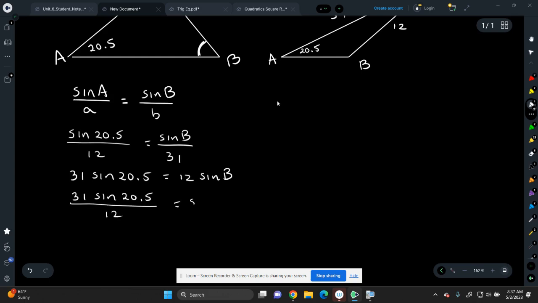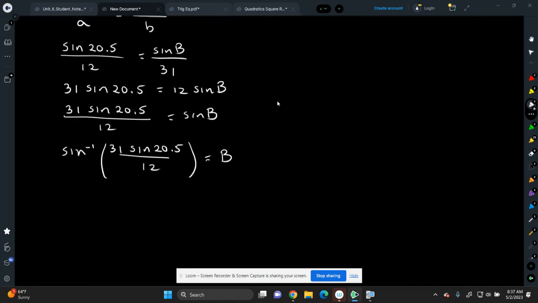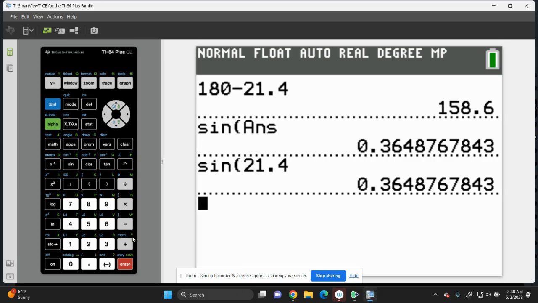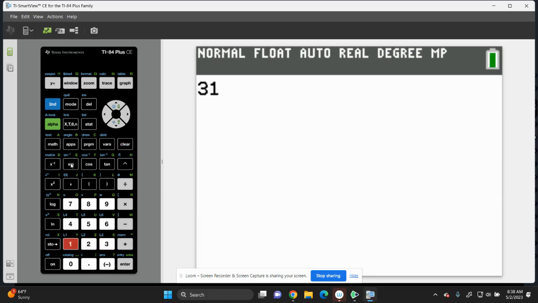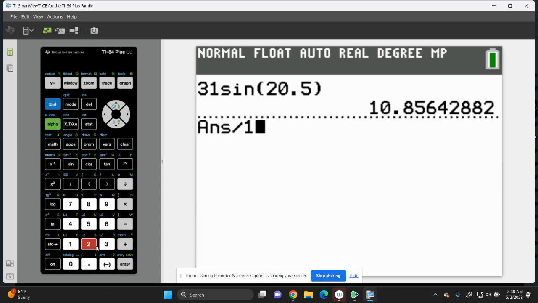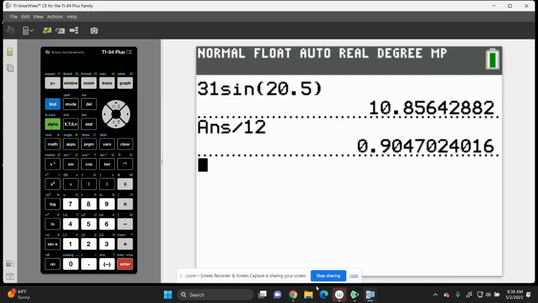and divide both sides by 12. So that means I'm taking the inverse sine of 31 times the sine of 20.5 divided by 12. 31 sine 20.5, we're going to divide that by 12, and then we take the inverse sine of that number.